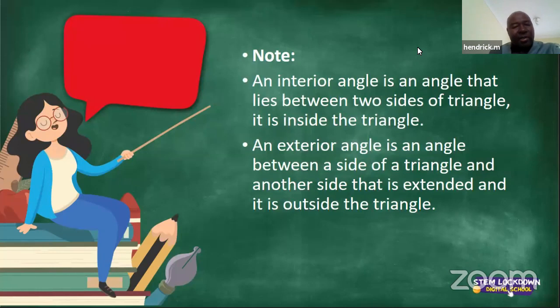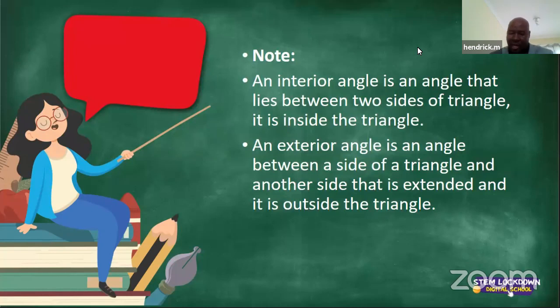This is now something that you need to know. We are saying that an interior angle is an angle that lies between 2 sides of the triangle, but it must be inside the triangle. So any interior angle must be inside.